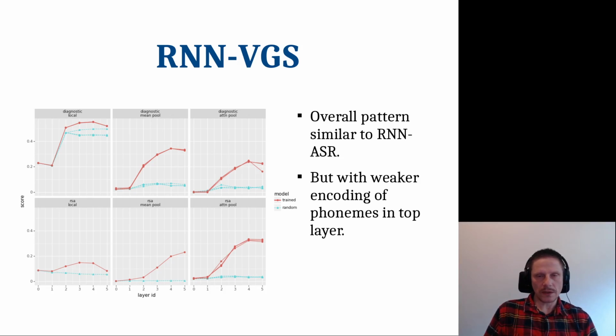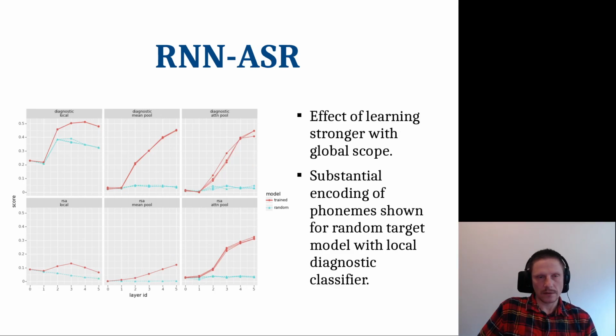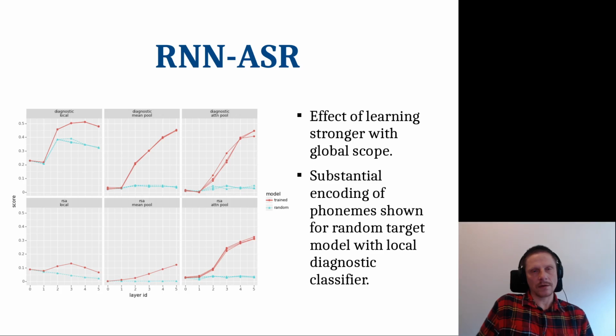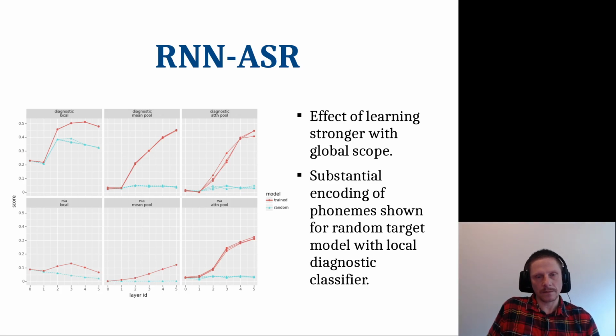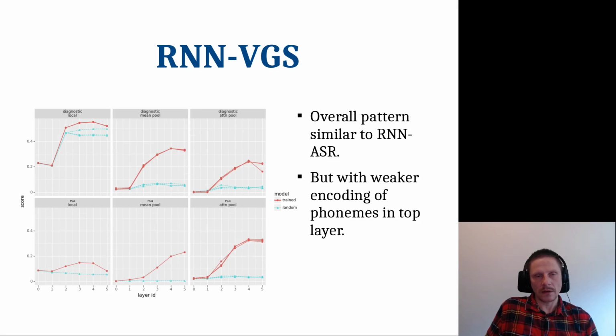What we do see, the one difference we do see, is a weaker encoding of phonemes in the top layer. So if you compare it to the previous slide, you see that in this slide, at the last layer, we still typically in most cases get an increase in the score. And here, in most cases, we don't get an increase and we might even get a decrease.